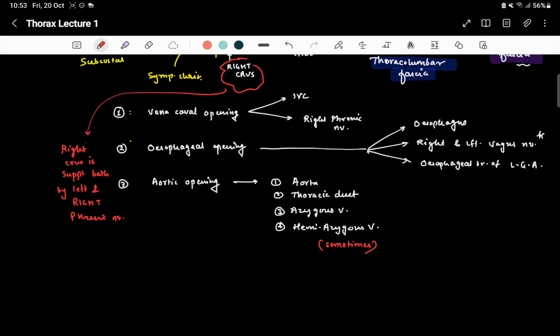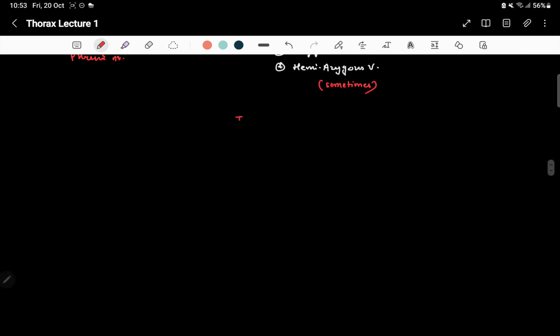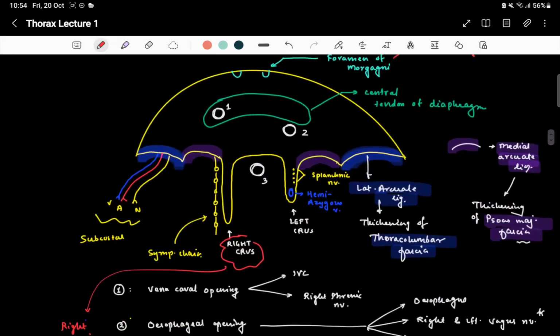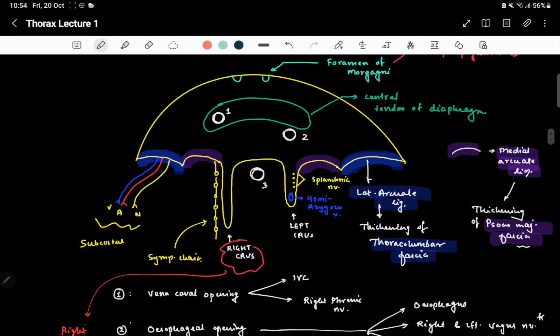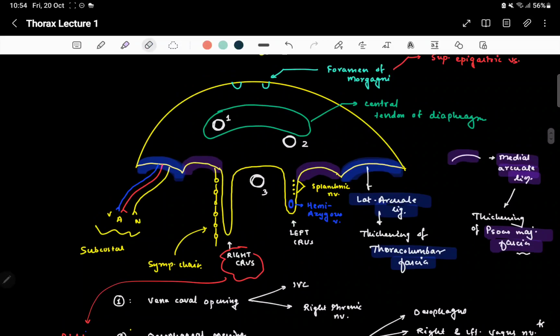So with this we complete your diaphragm, and then we are gonna discuss your thoracic wall. Had I said about the shape of these openings, please note that this one, the vena cava opening, is not circular in shape, this is quadrangular shaped.